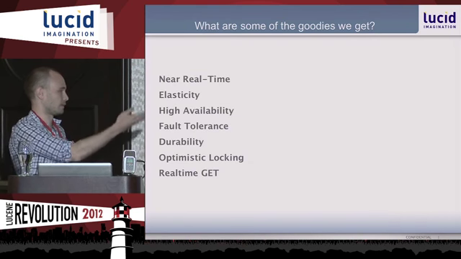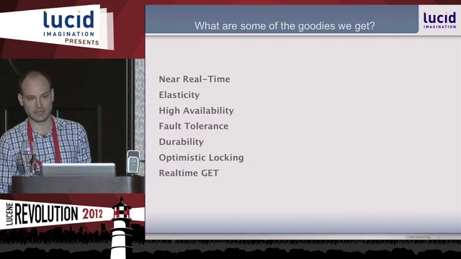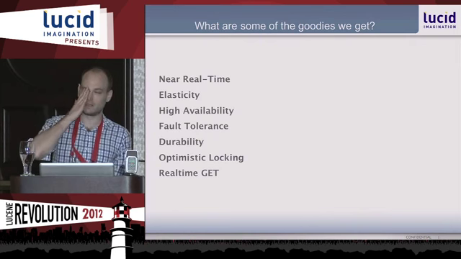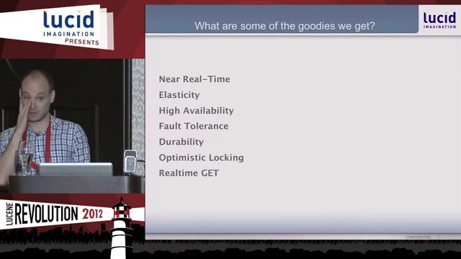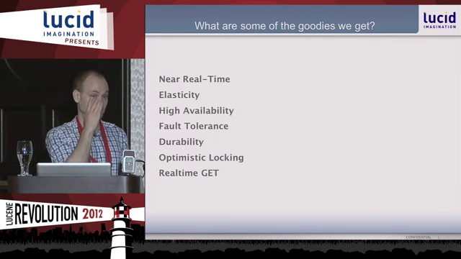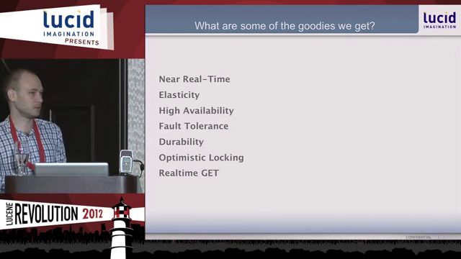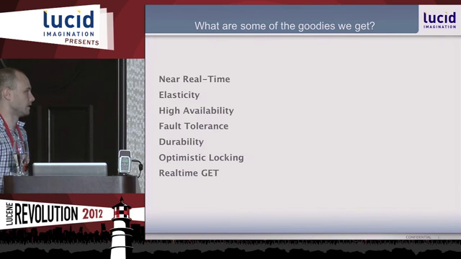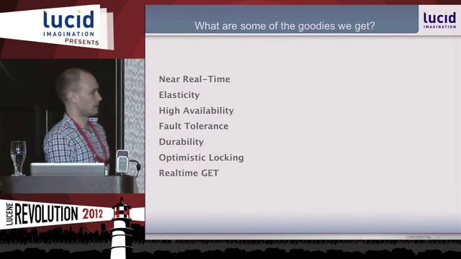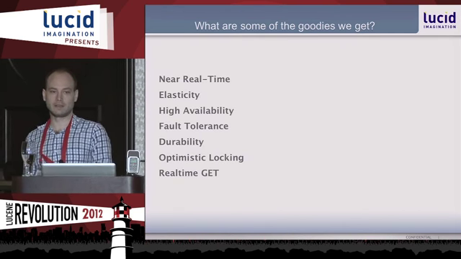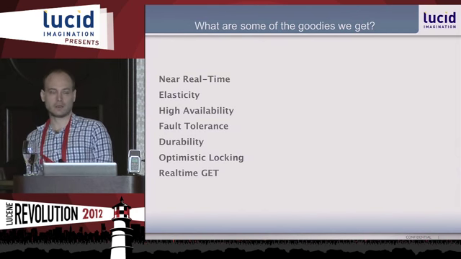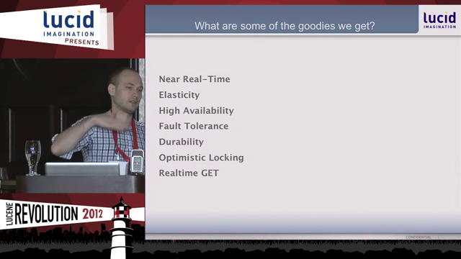Durability, we get optimistic locking using the versions now, which is another key reason that we chose to go with the leader in the versions, so that we could have optimistic locking per document, which gives you atomic transactions at the document level, kind of a NoSQL feature that's nice, as well as the real-time get. Normally in Lucene and Solr, you can't see a document until a new index searcher is opened.